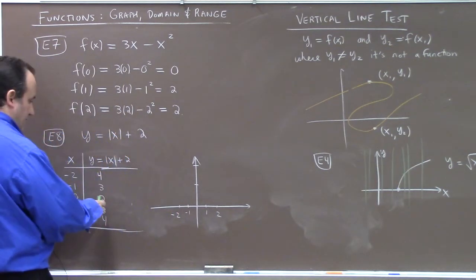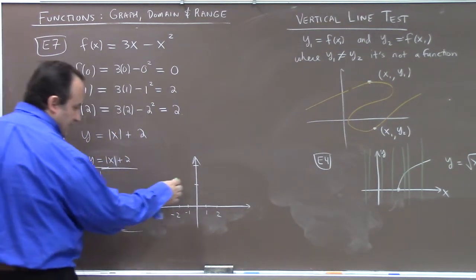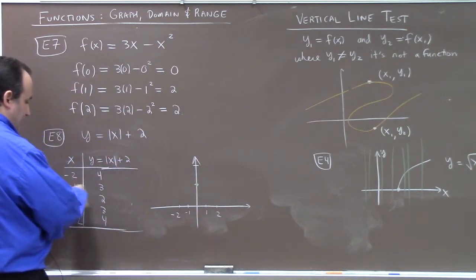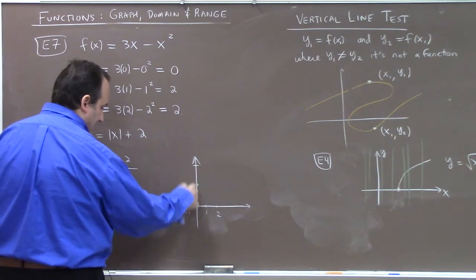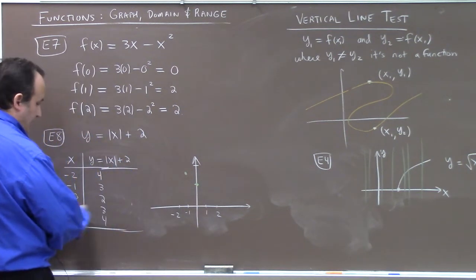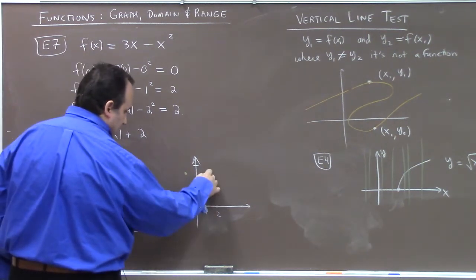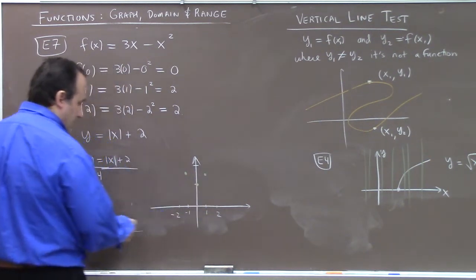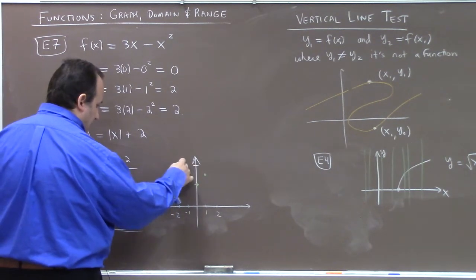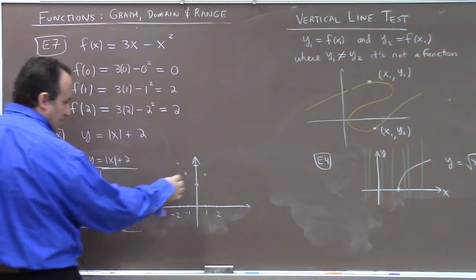I've got the point 0, 2 is on the graph, right? That's here. Minus 1, 3, here-ish. 1, 3, it's over here, right? Minus 2, 4 is like here, and 2, 4 over here.